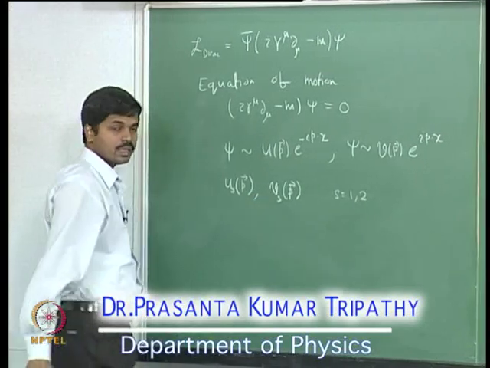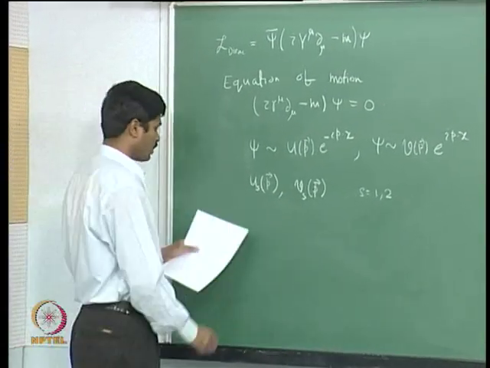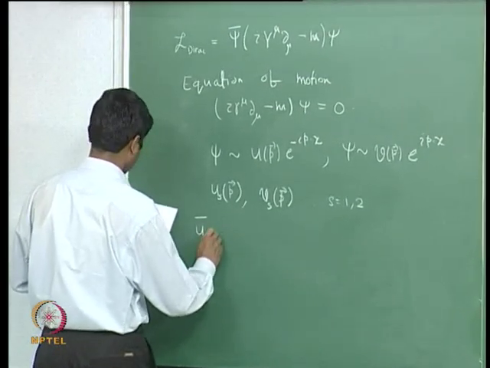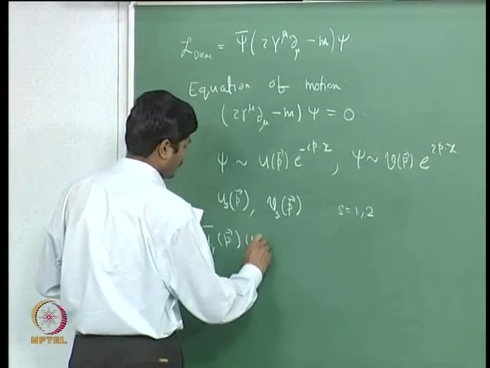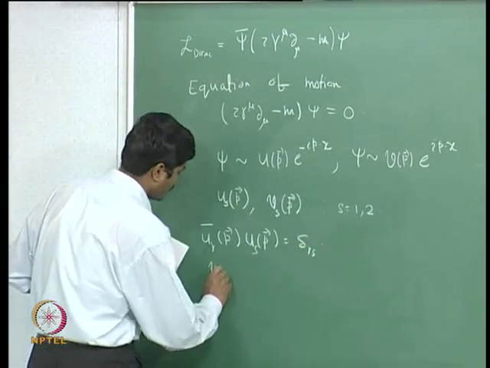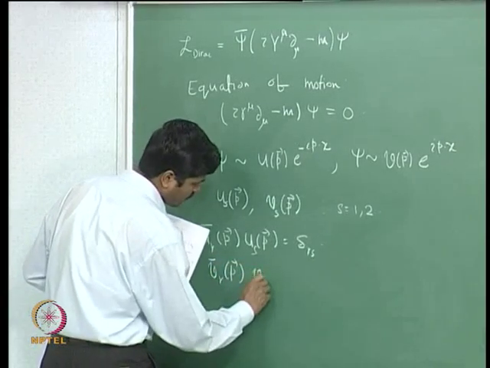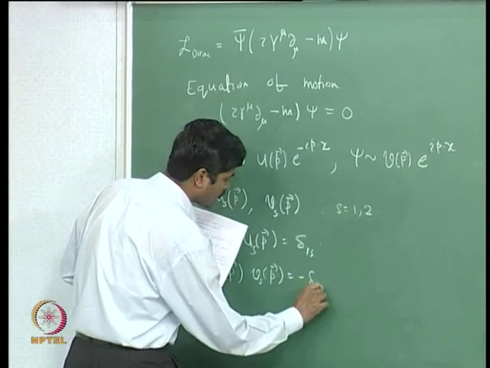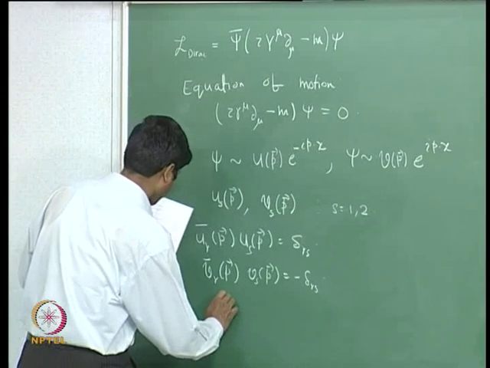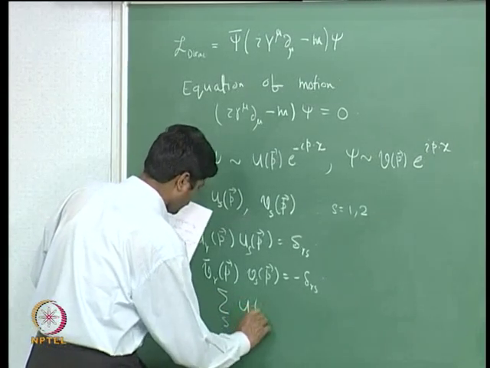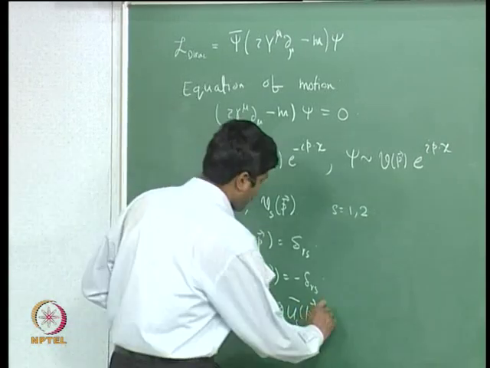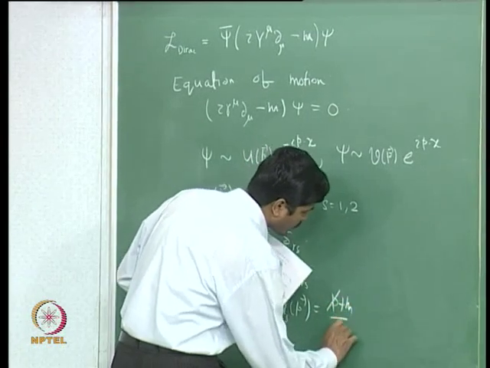So these spinors u_s(p) and v_s(p) satisfy a number of identities which we derived in the last lecture, which I will summarize here. ū_r(p) u_s(p) equals δ_rs, then v̄_r(p) v_s(p) equals minus δ_rs, and the sum over s of u_s(p) ū_s(p) equals (p-slash plus m) over 2m.